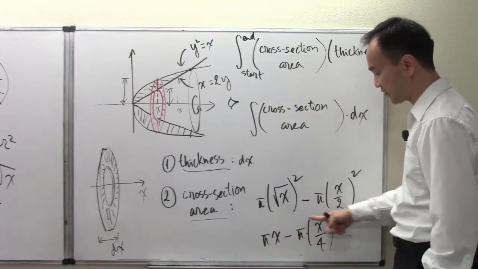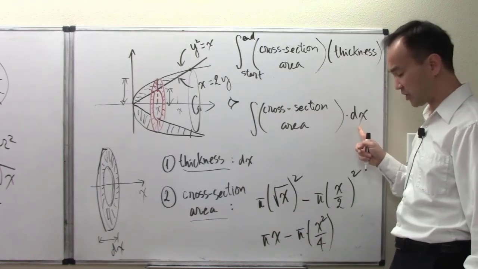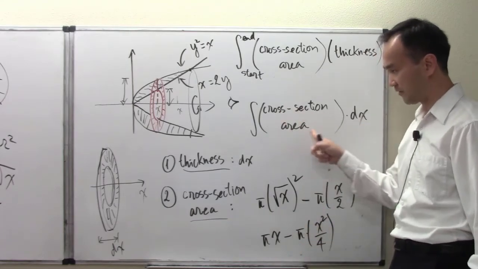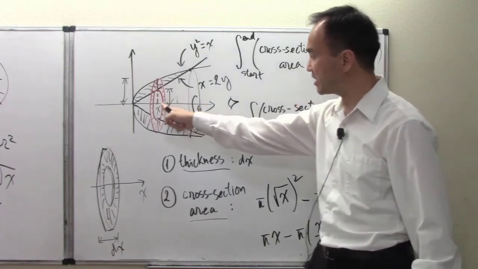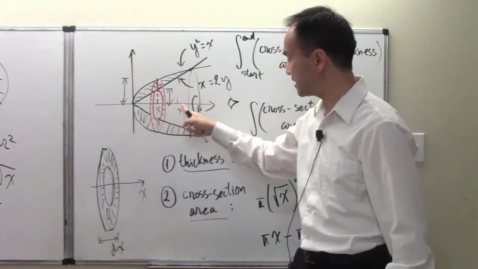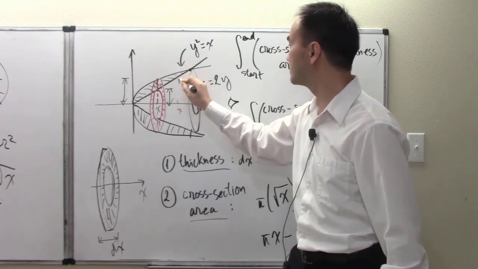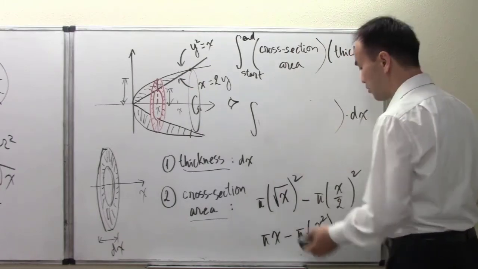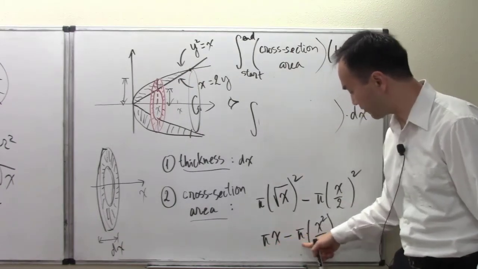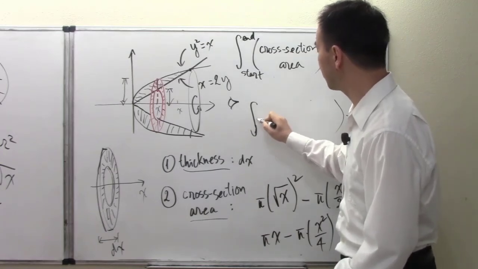This is my function as a function of x, to be consistent with this dx expression right here. And this function is the function that represents our cross-section area at any x value given. And so now I'm going to fill it in, and of course, realizing that we have a common factor here, I can just keep that common factor pi in front of the function.